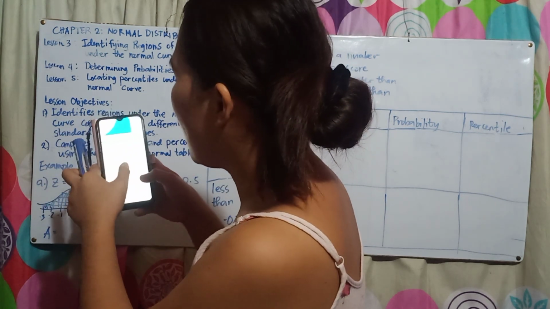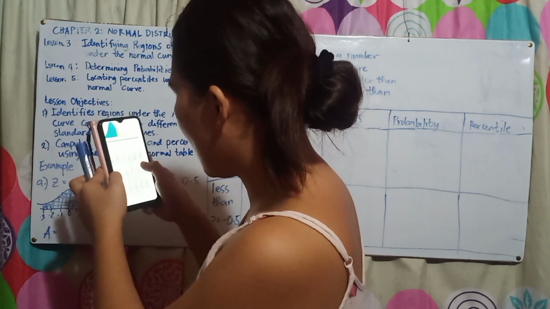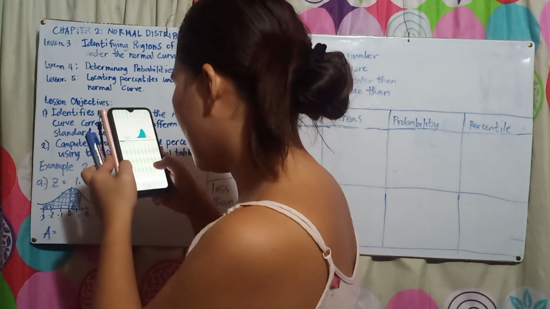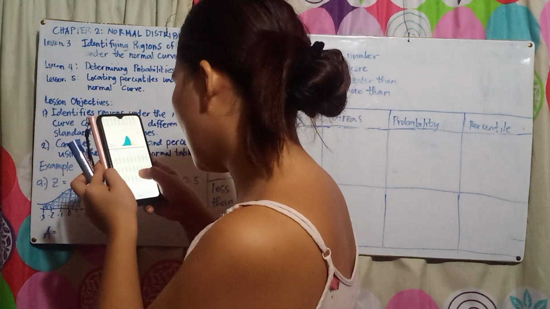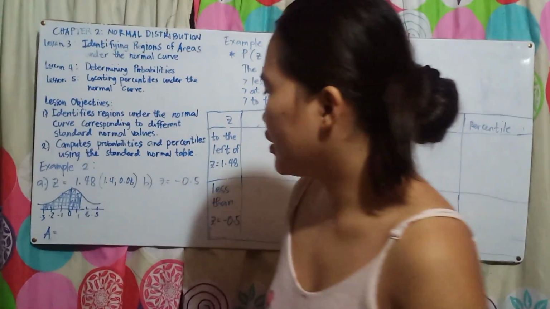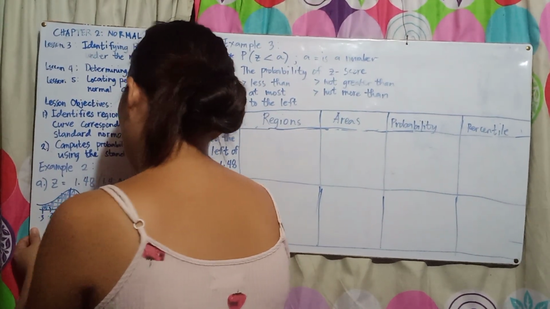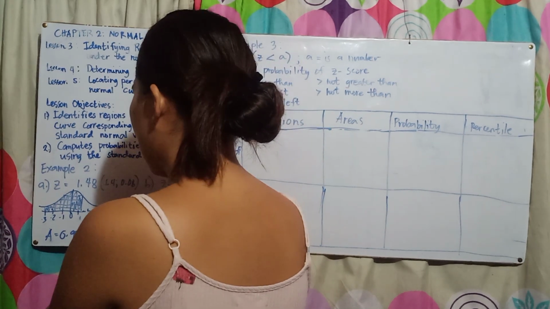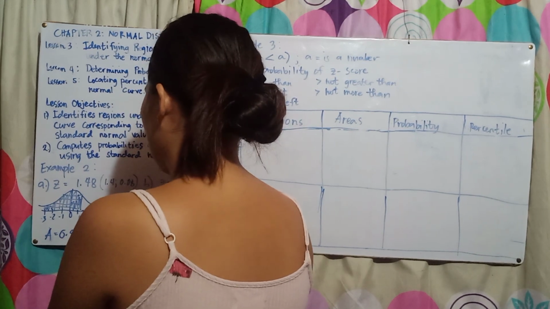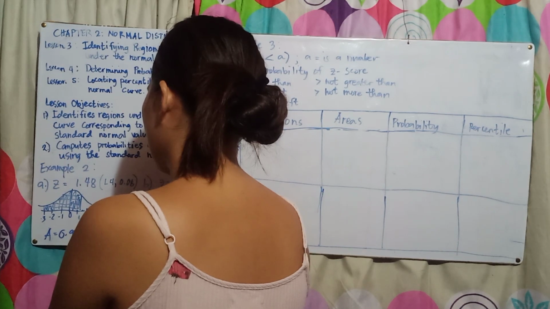Here. So, the area is 0.9306. The probability is the same, 0.9306. So, the percentile is 93.06%.